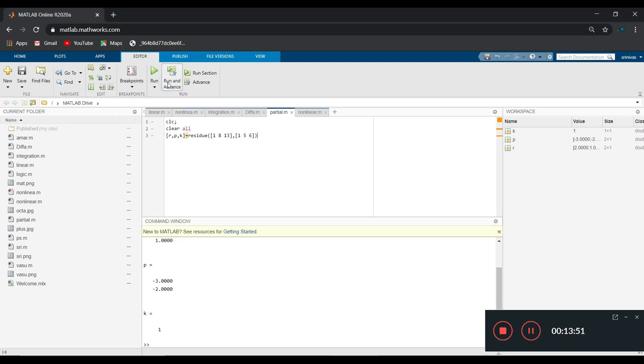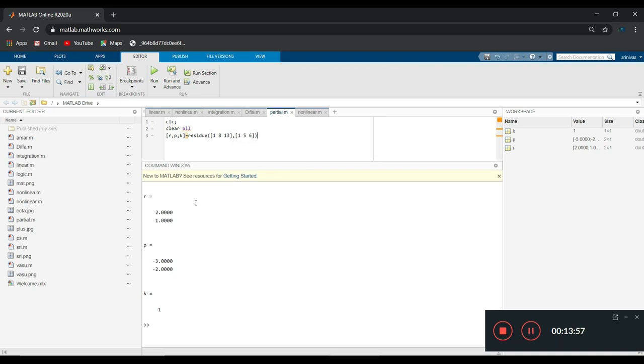So let's see what will happen. Whenever I split this equation, I get 1 plus a by x plus 3 plus b by x plus 2. Here the value of a corresponding to that root is 2.